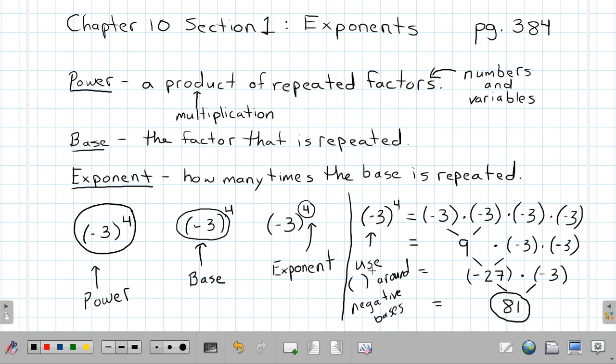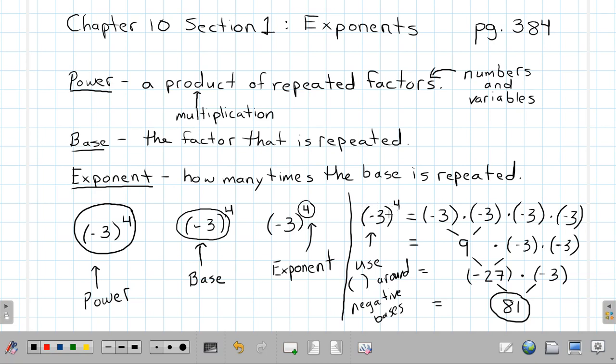Like I said, it is good, especially when we get on into some of the more algebra things in terms of solving equations and solving inequalities and graphing equations and inequalities. Putting your negative numbers in parentheses does not hurt a thing.